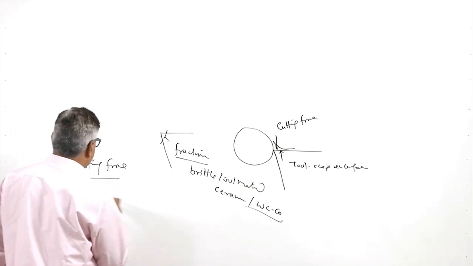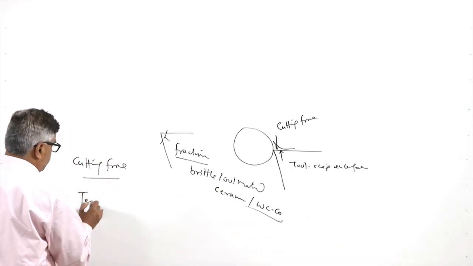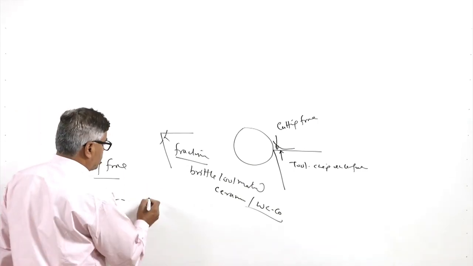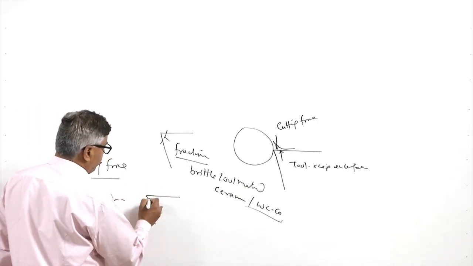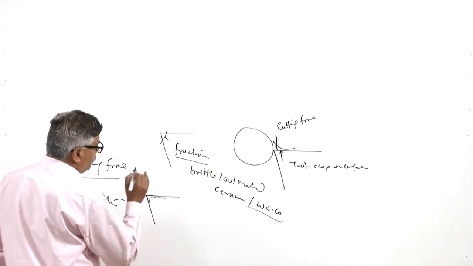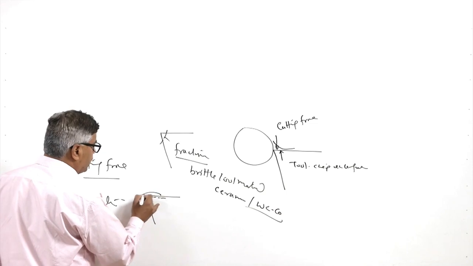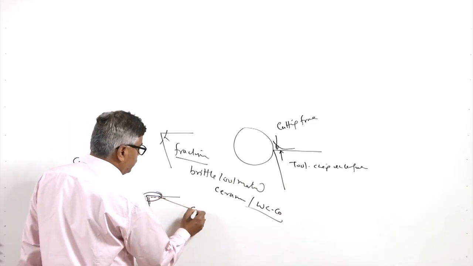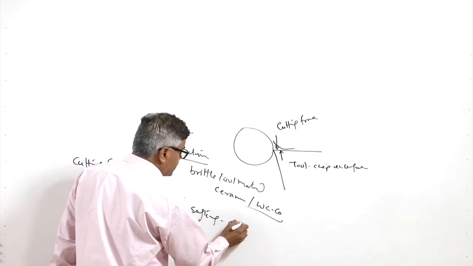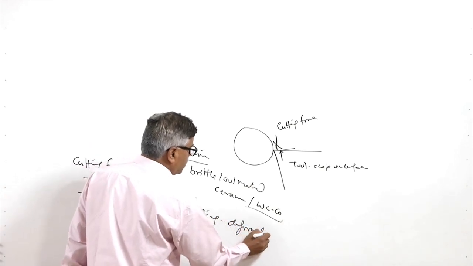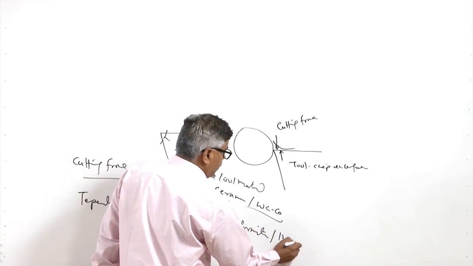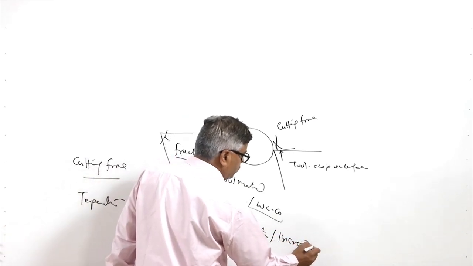On the other hand, if there is too high a rise in temperature of the cutting tool, it leads to the softening of the cutting edge as well as accelerated wear mechanisms. Softening is the main issue due to the rise in temperature of the tool. This softening causes deformation of the cutting edge as well as increased wear of the tool.